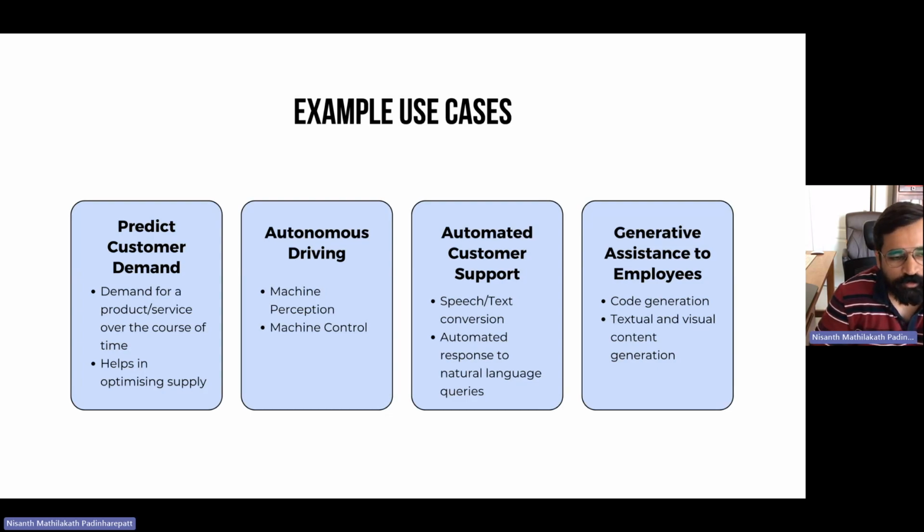So the shopkeeper understands that over the course of a year, there are times when there is higher or lower demand for certain goods and services. That's the human intelligence.